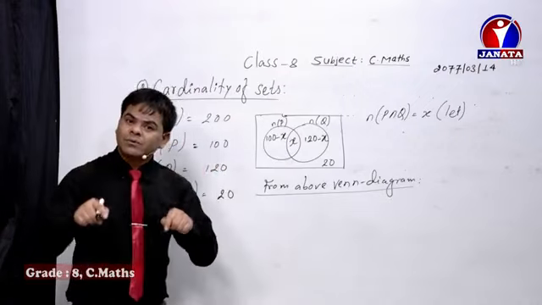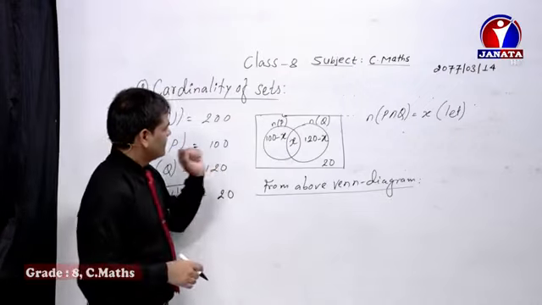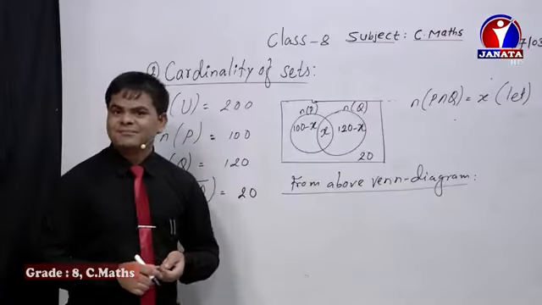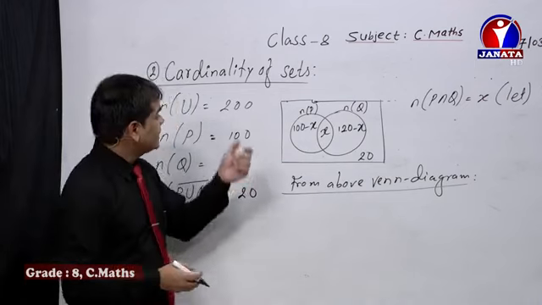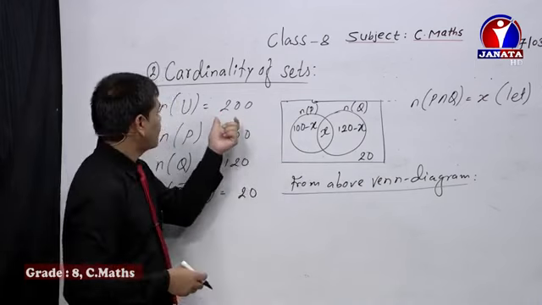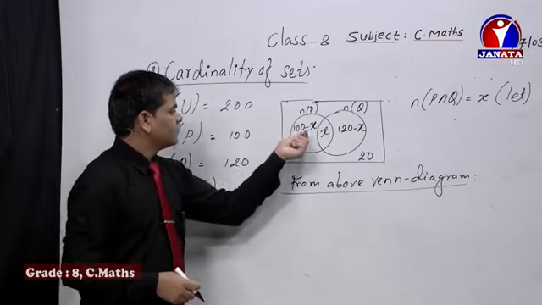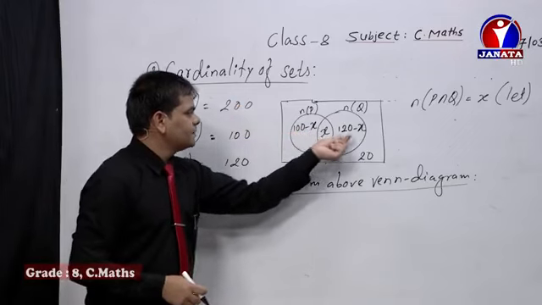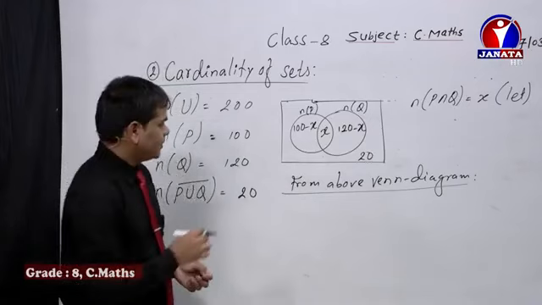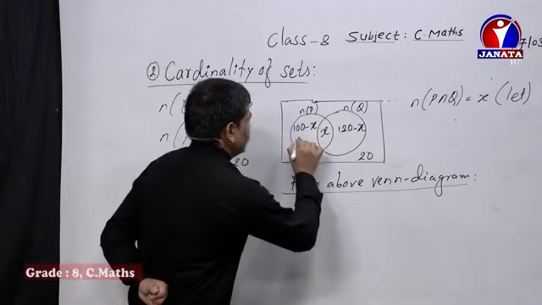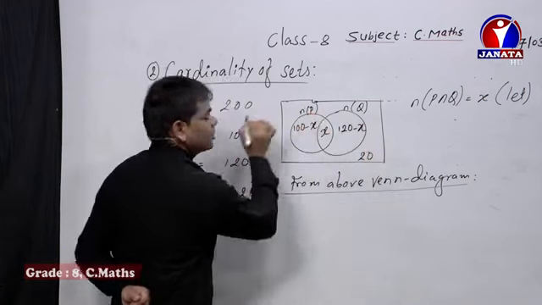It must be equal to 200, because the universal set has the equal number compared to A union B as well as the complement. So add all this together, it must be equal to 200.